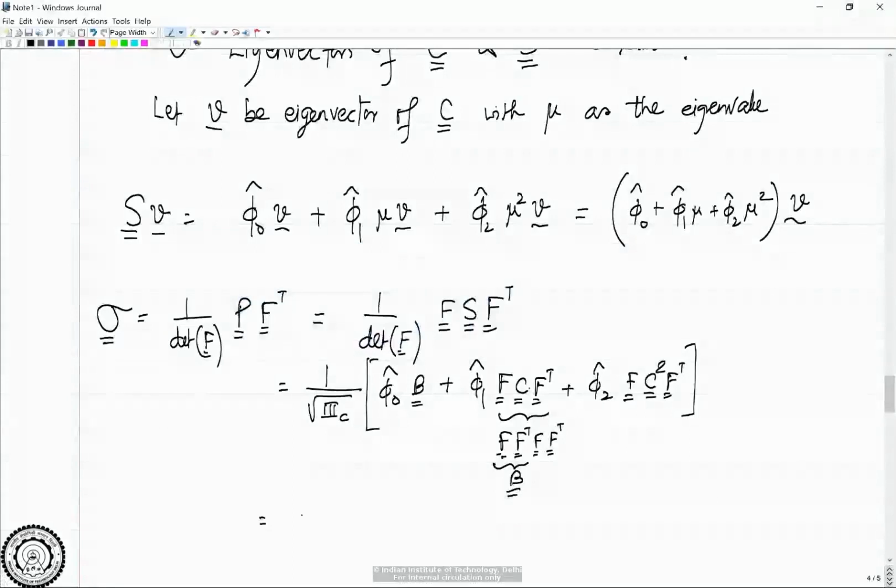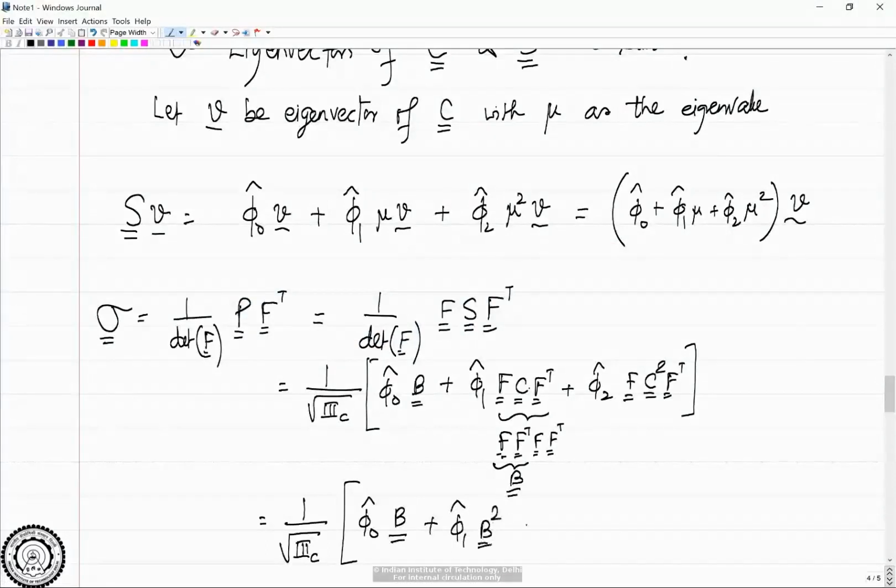So this becomes finally 1 over the square root of I3C into phi naught hat of I plus phi 1 hat of B plus phi 2 hat of B square, and this will be, I guess, B cube. Yes, this will be B cube.